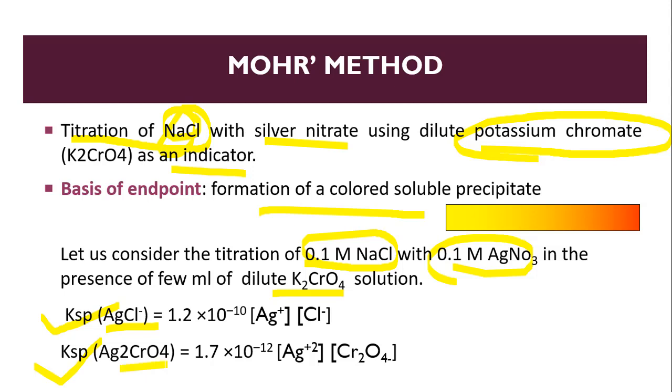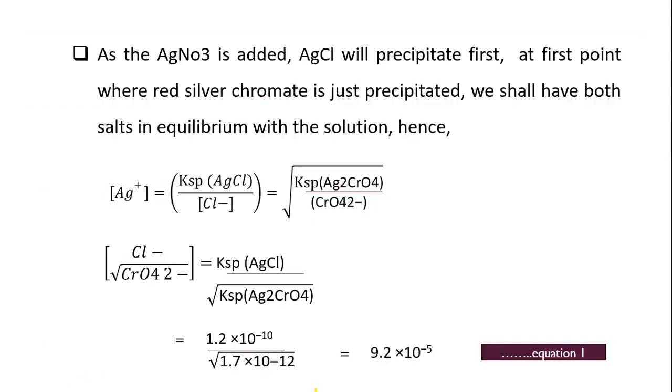What happens at the end of the titration? We will get two precipitates. Firstly, the AgCl will get precipitated. After that, the excess silver will react with the chromate and we will get the precipitate of silver chromate. So here we have the Ksp value of AgCl and the Ksp value of silver chromate.